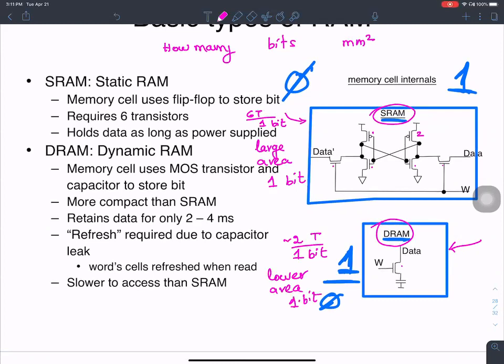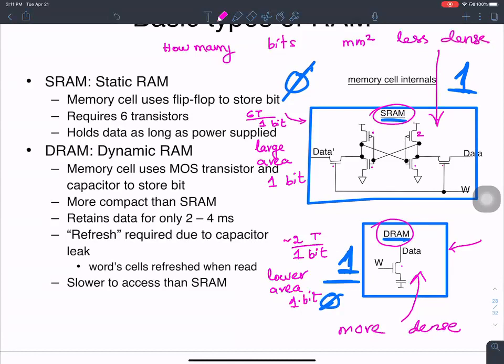So with this information, it should be clear that DRAM is more dense, meaning you can have fewer transistors to implement just 1 bit of storage element. It takes very little area to create DRAM memory as compared to SRAM memory, which uses 6 transistors. So this is more dense compared to SRAM, which is less dense.